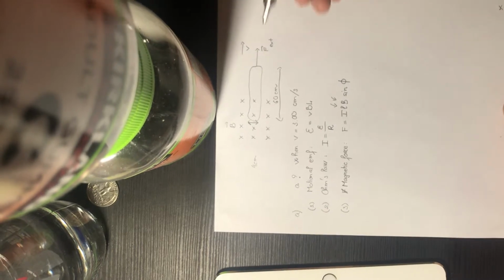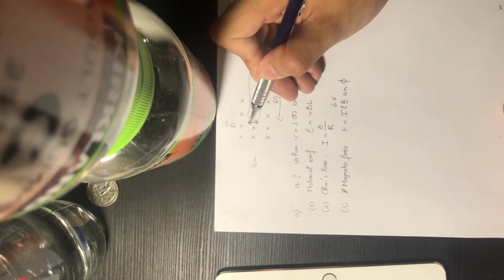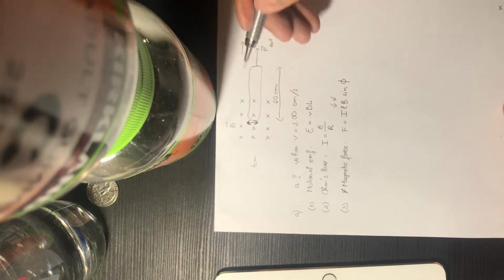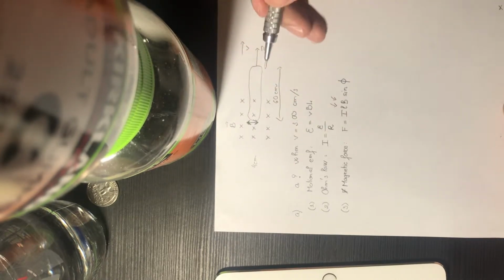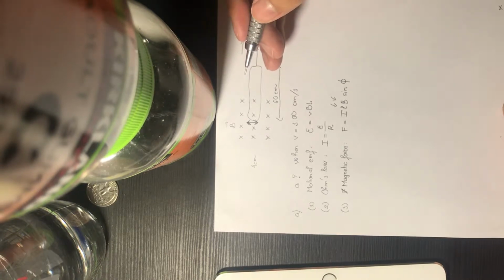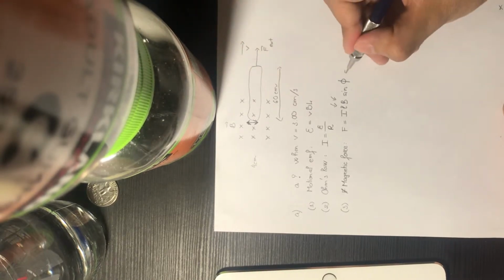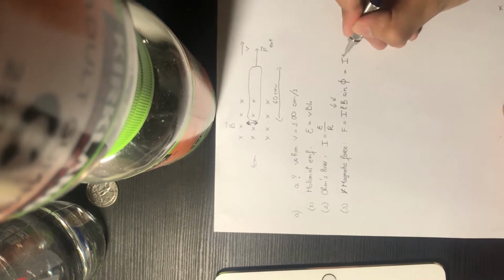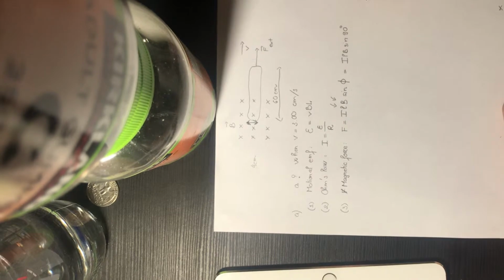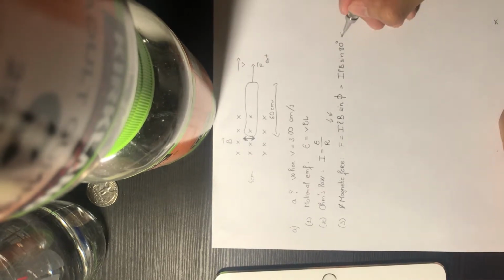In this case, since the length in this area is perpendicular to the magnetic field, we have I L B sine 90, and we know that sine 90 is 1. So we have I, L, and B.